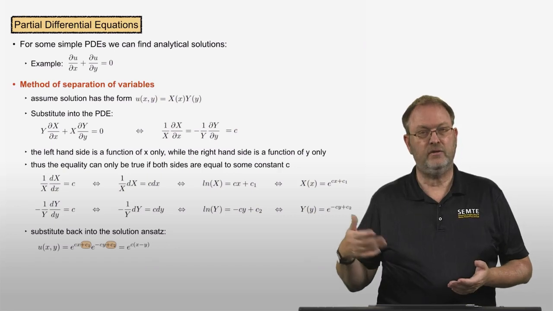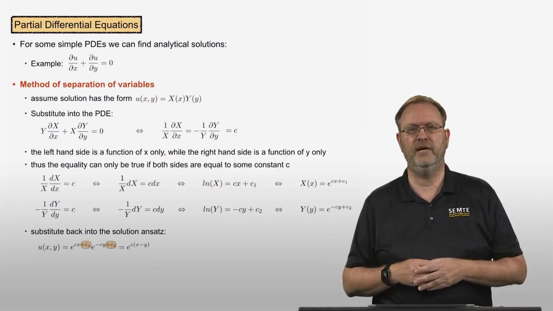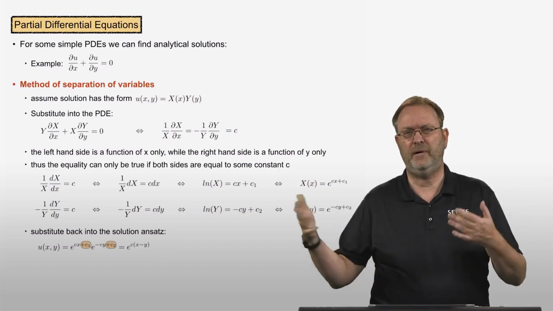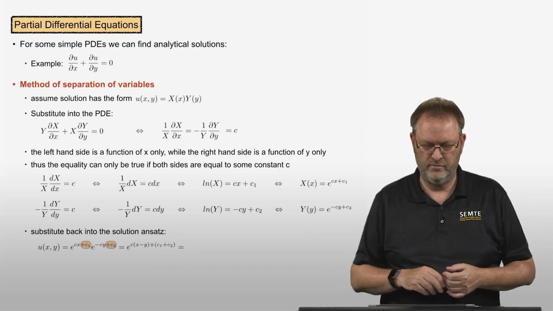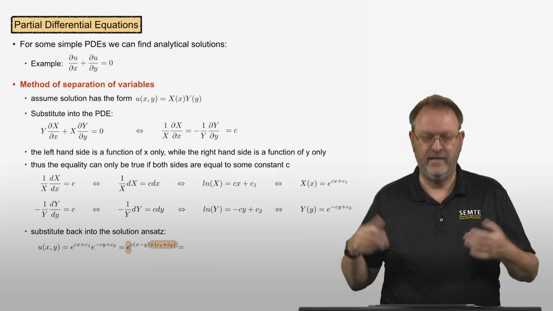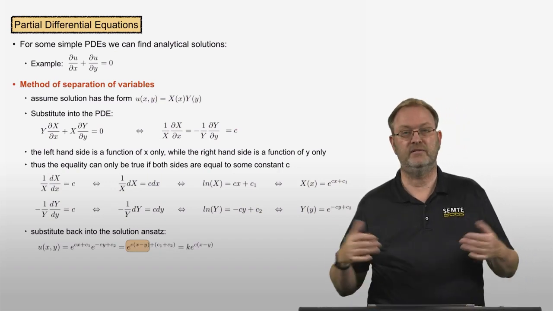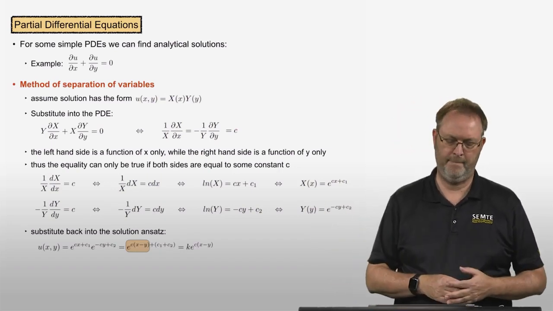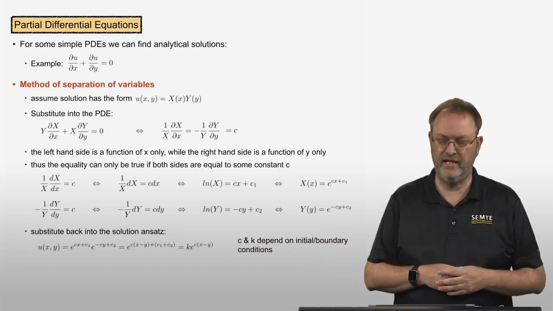And then I have e to the power c1 times e to the power c2, both of them being integration constants. So e to the power that constant is simply another constant. So that would then just be k, a constant k, times e to the power c times x minus y. And that's the solution to this PDE.